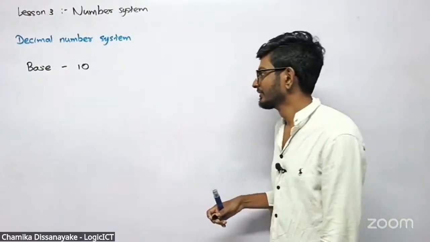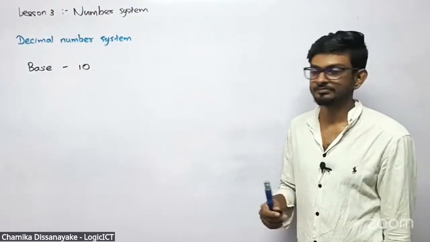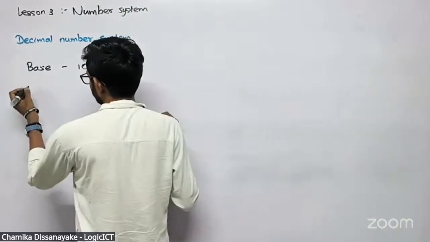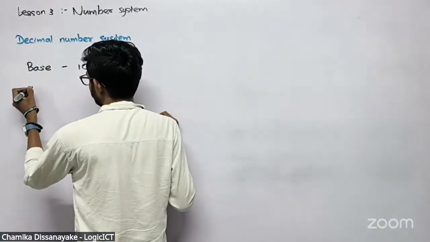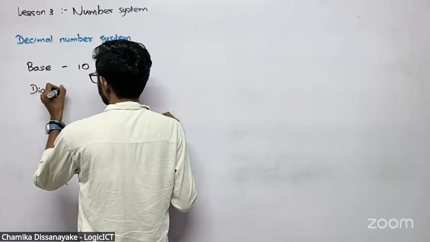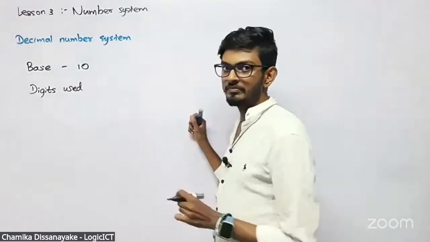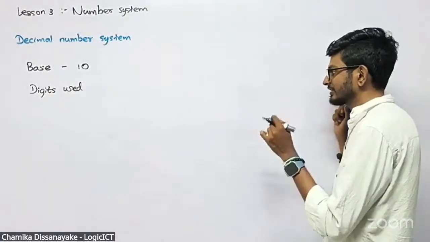The other thing is digits. As I told you, we are going to use several digits. Digits means symbols.